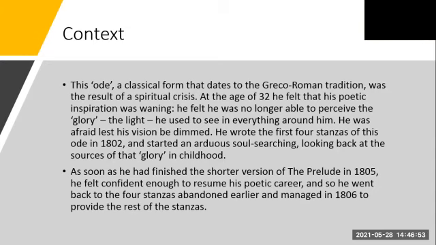It's as if he lost that feeling of the glory. And he was afraid lest his vision be dimmed. He was very worried. He thought that his poetic vision had vanished.